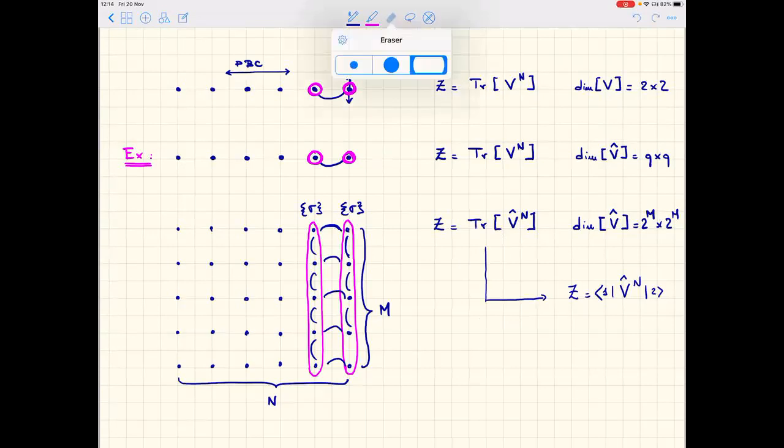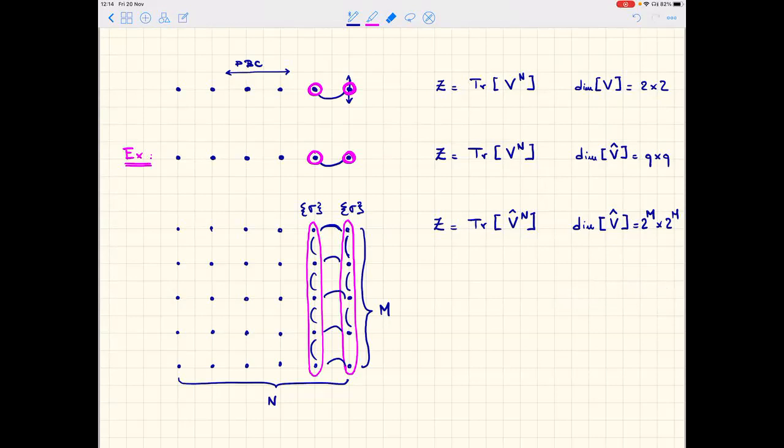Also, the dimension of V for the Ising model is 2 cross 2, yes. And for the Potts model it is Q cross Q. I think that is the ground state degeneracy for both.